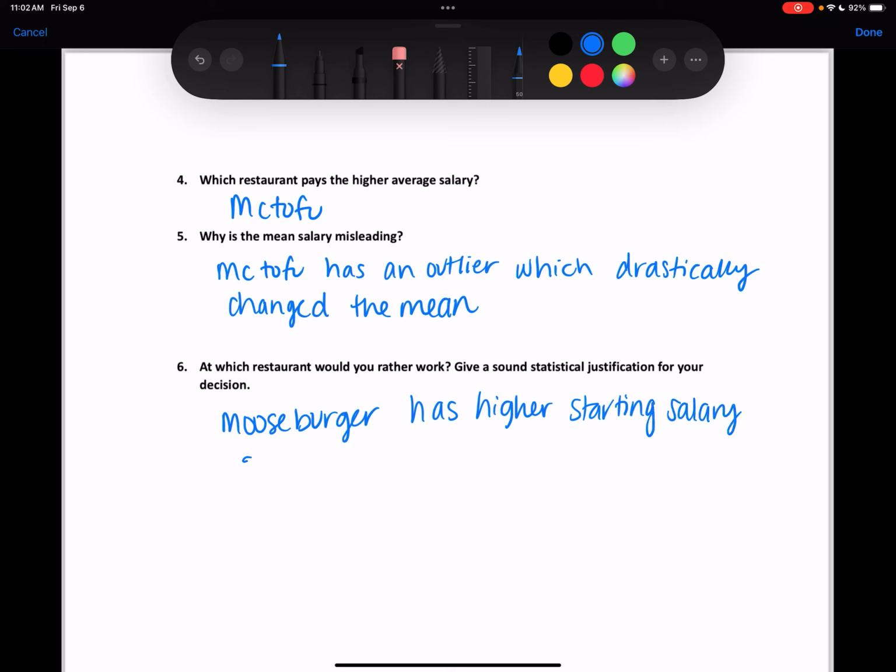And if we ignore the outlier, a higher max salary as well. So if I had to pick, I'm choosing Moose Burger.